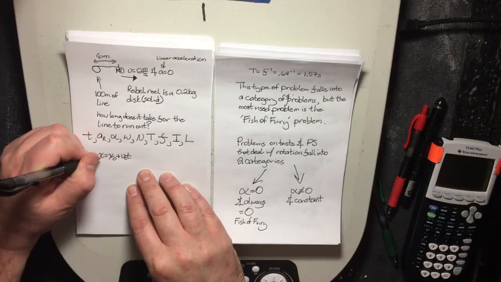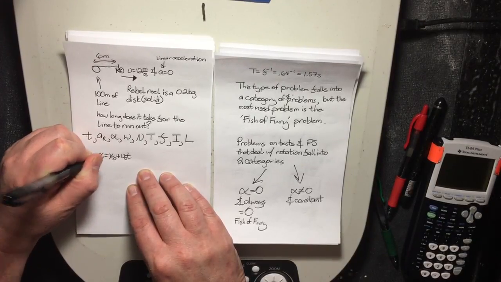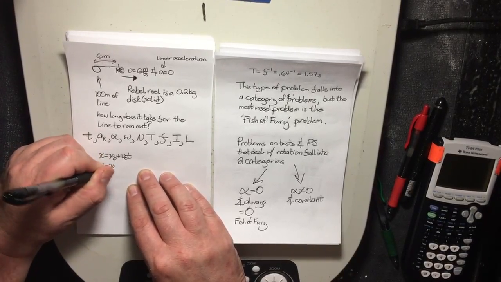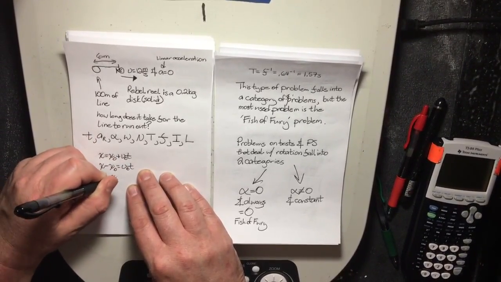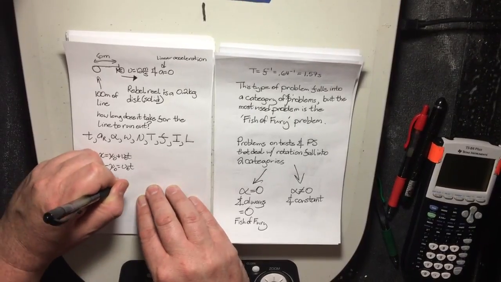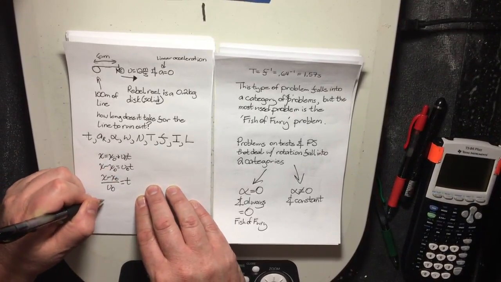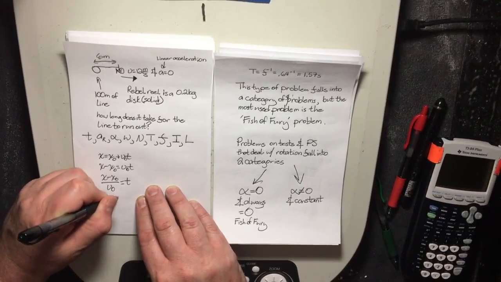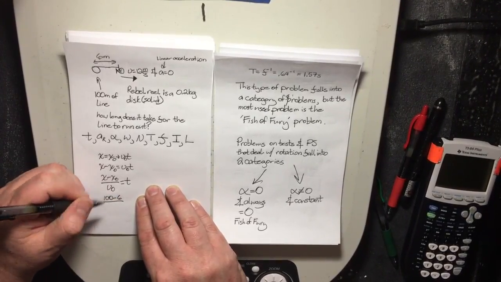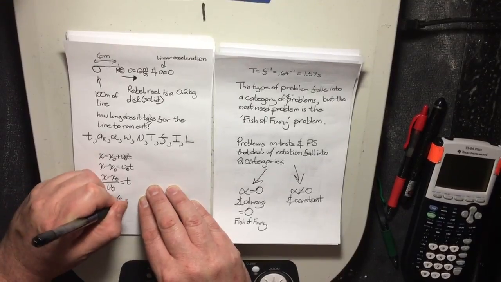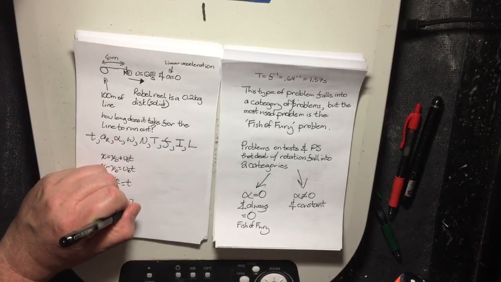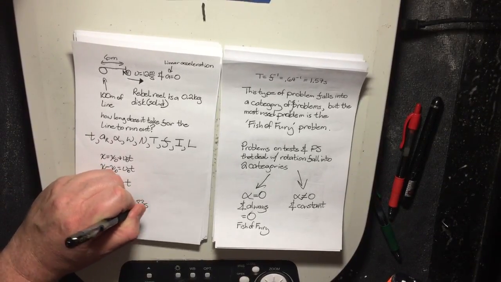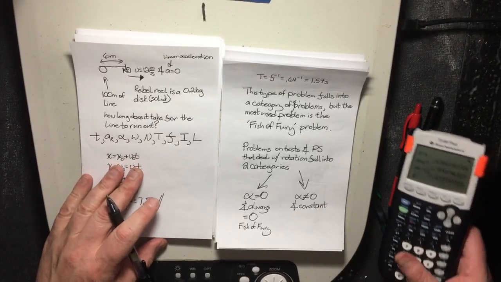The x naught is 6, the x is 100, so x minus x naught is v naught t, so x minus x naught divided by v naught is equal to t. This means that 100 minus 6 divided by 12 is the time. 94 divided by 12, 7.83 seconds.